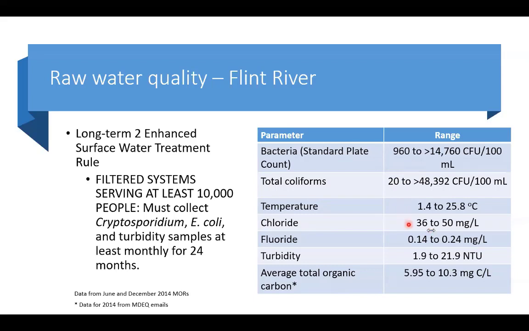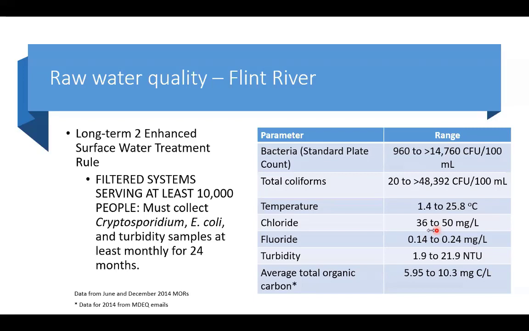The Flint River is often described as being corrosive. The chloride levels in the Flint River were really not that high. However, they increased, in some cases more than double, or actually triple at the lower levels, up to about 100 milligrams per liter, because of the ferric chloride that was added and the chlorine gas.